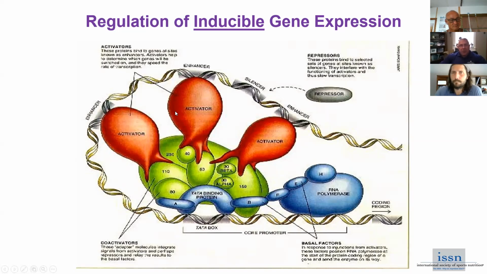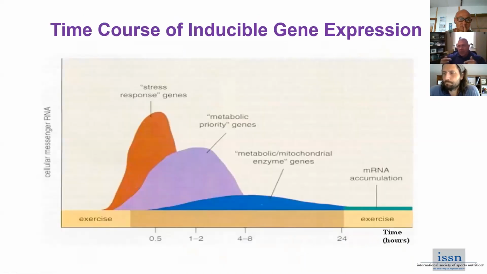These are the ones that can significantly increase the expression of an inducible gene, not a constitutively expressed gene, but an inducible gene. We can also have repressors or silencing sequences in here that are involved in slowing or down-regulating the expression of a gene.